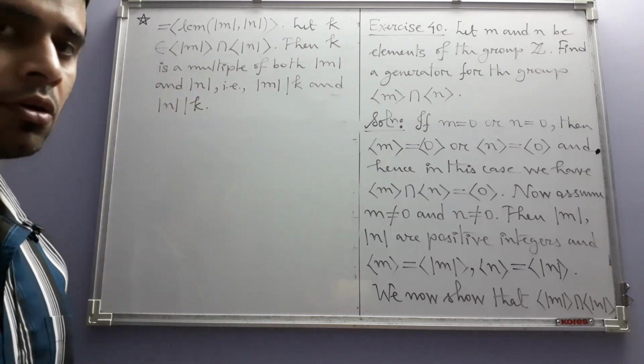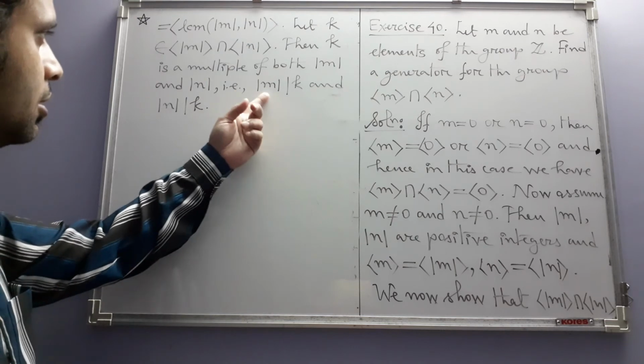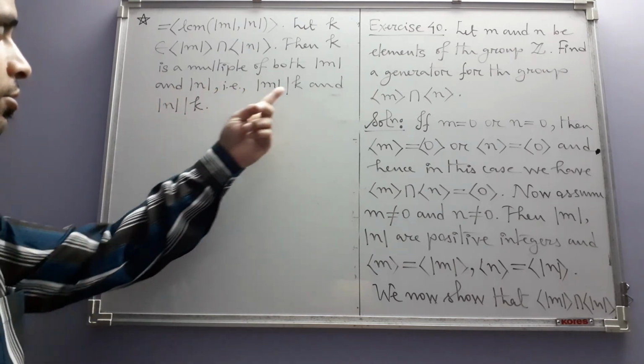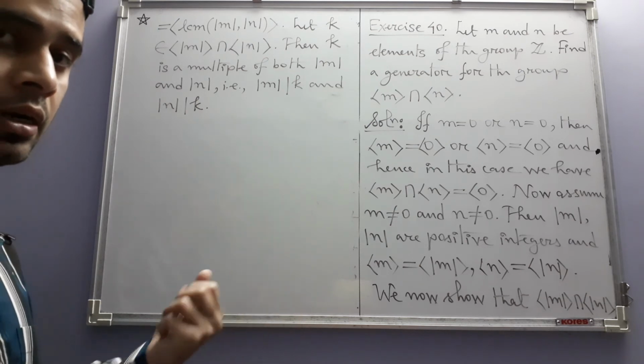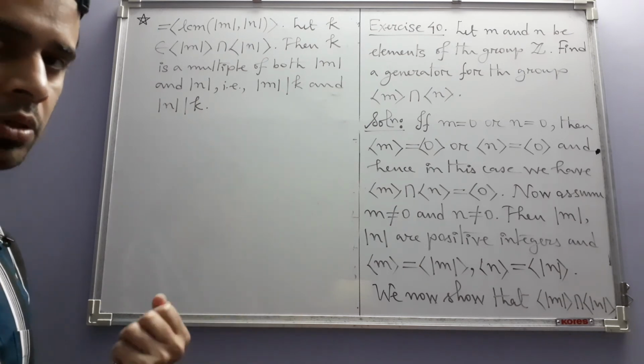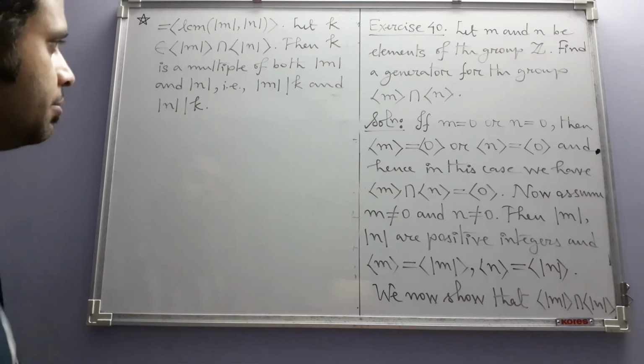So k is a common multiple of these two. So k will be divisible by their least common multiple. That is one of the properties of the LCM.